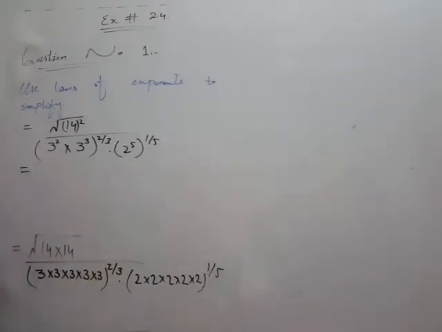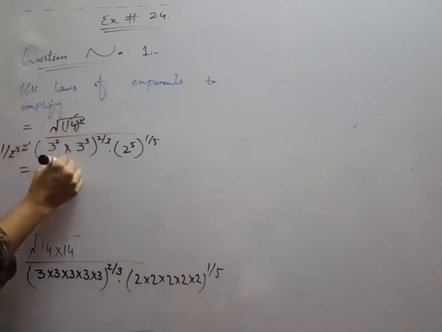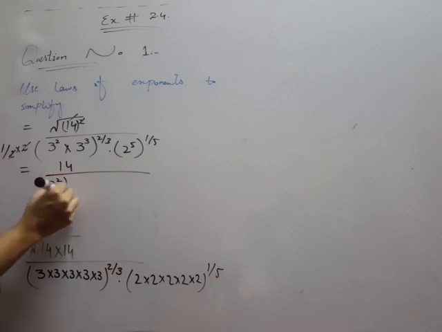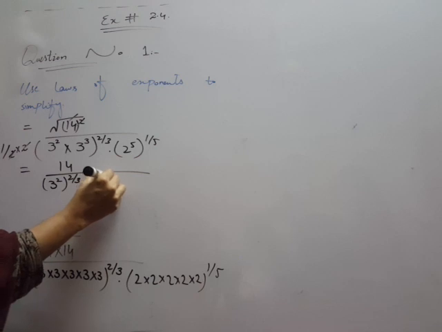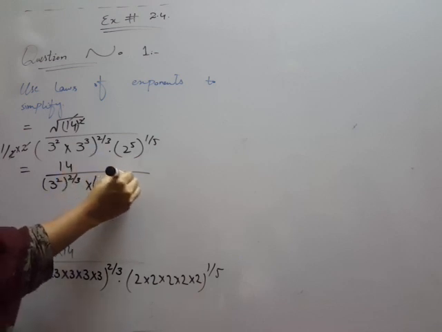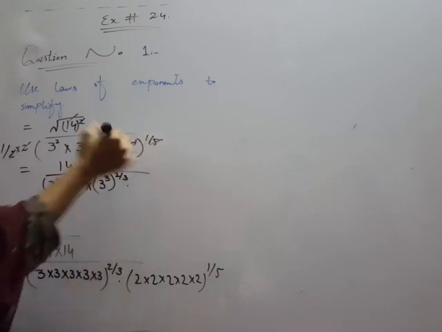So the square and square root will be cancelled, because the power of square root is 1 by 2, and 1 by 2 multiplied by 2 is only 1. So I can write here only 14. This will become 3 square whole power 2 by 3 multiplied by 3 raised to power 3 and whole power 2 by 3, and this 5 will be cancelled with this.